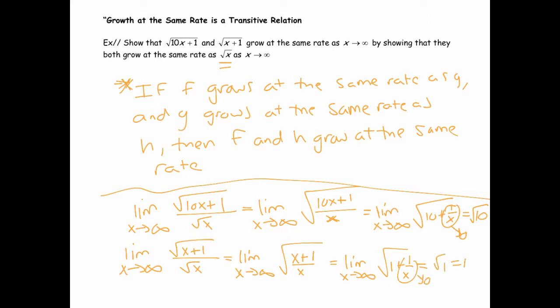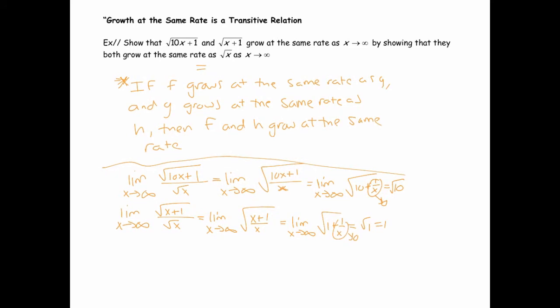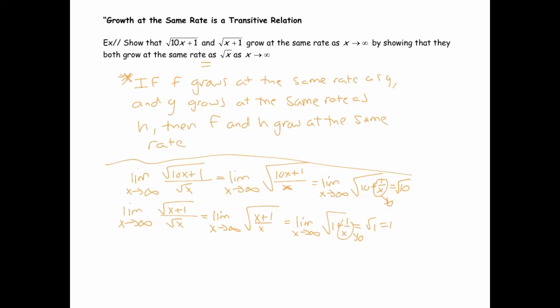So don't be concerned that they didn't end up being the same thing. They're not the same thing, right? It's not that you get the same answer. It's just that this first ratio implies that root 10x plus 1 and root x grow at the same rate.